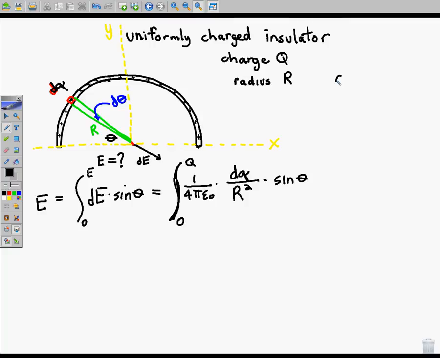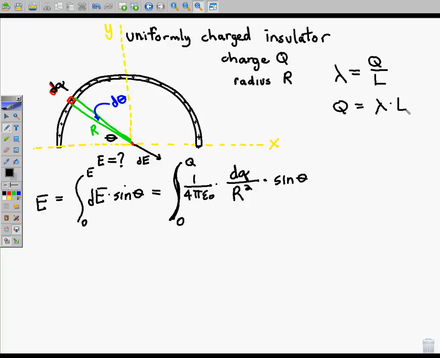So we know that lambda is the linear charge density. It's the charge per length. If I rewrite that, we know that the charge is equal to lambda times the length. But the length in this case is a little piece of the arc length, because it's a semicircle, yes?